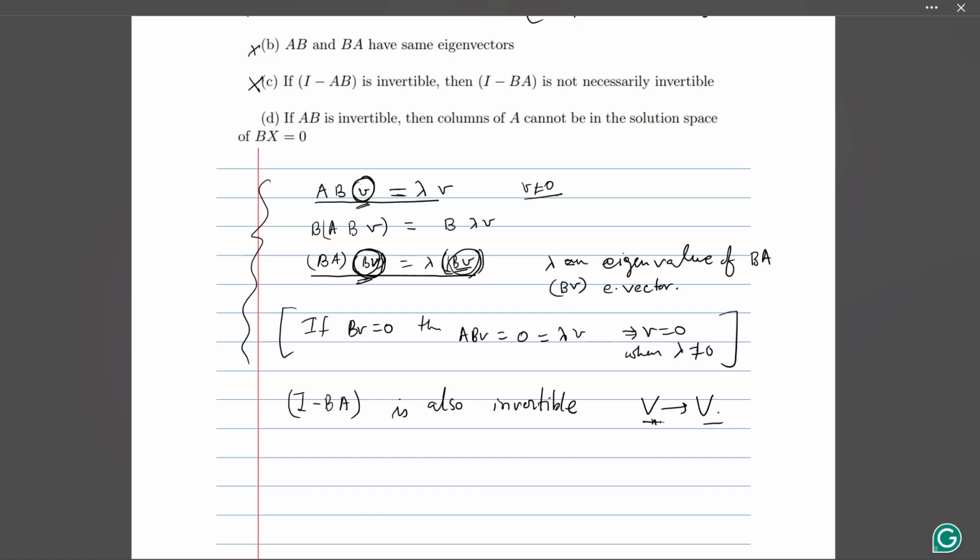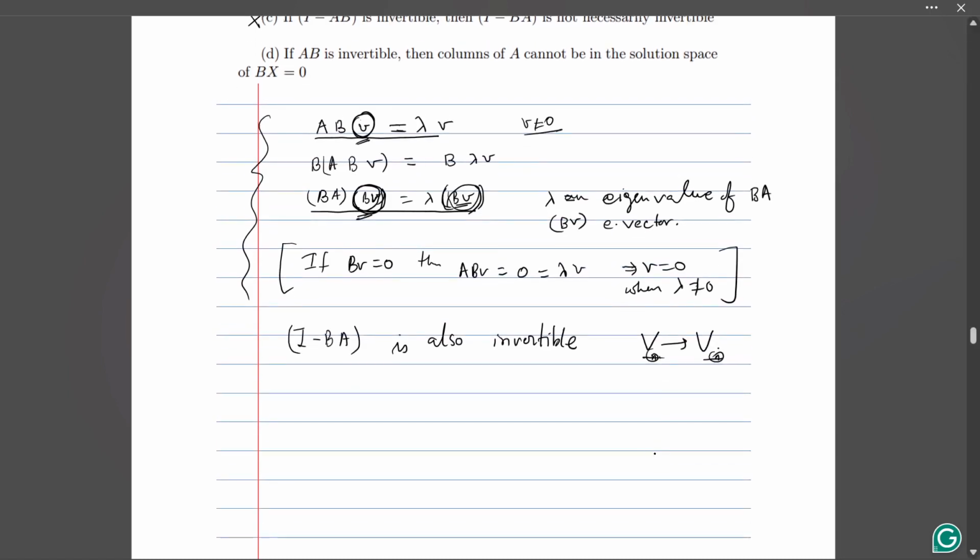They are n-dimensional spaces. So they represent maps from F^n to F^n. When it is invertible, if the kernel is zero, then dimensions are equal, so that will be a one-one and onto map, and so the matrix will be invertible.